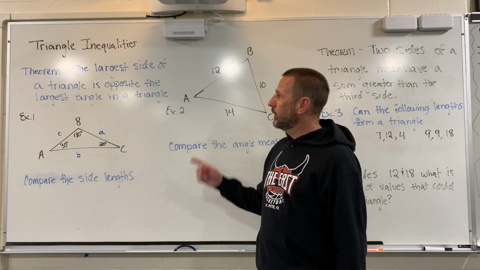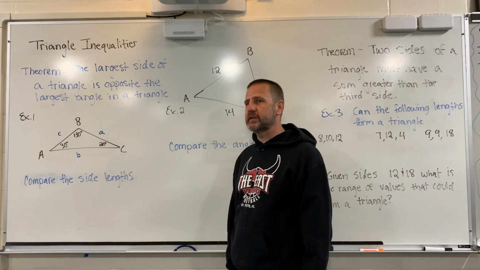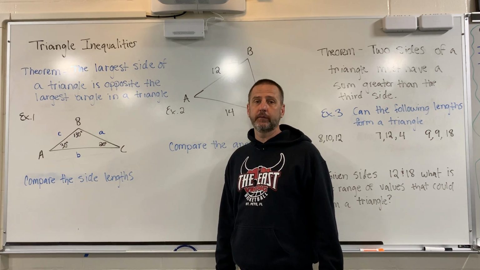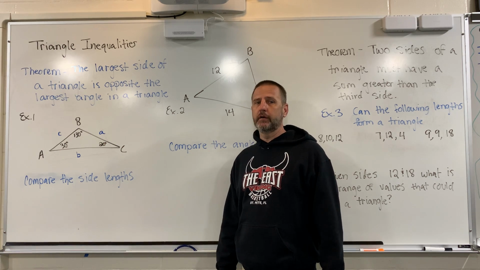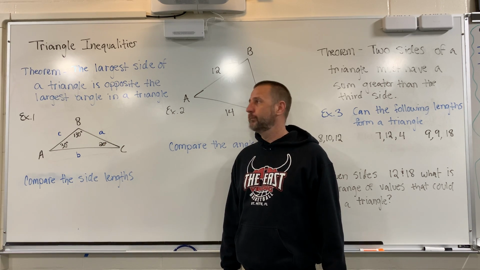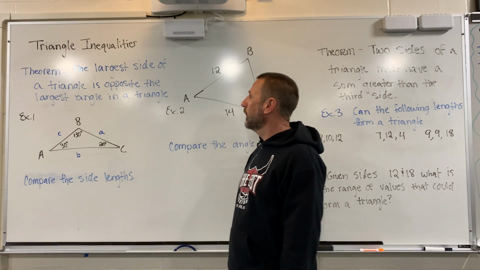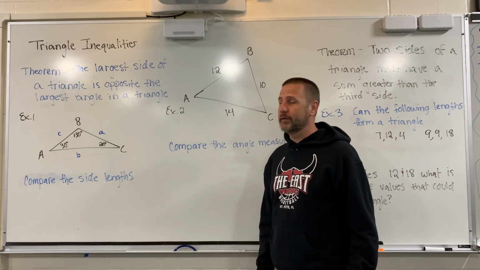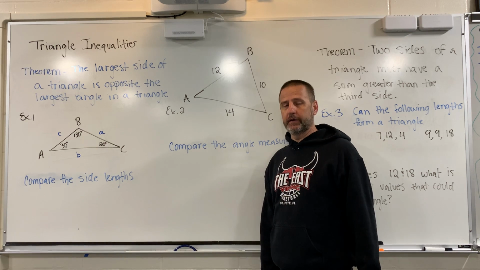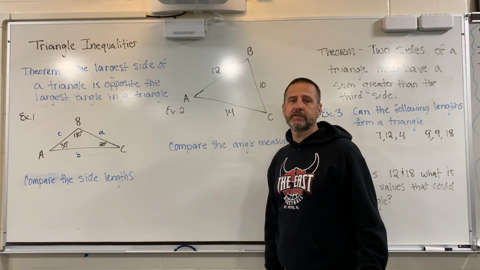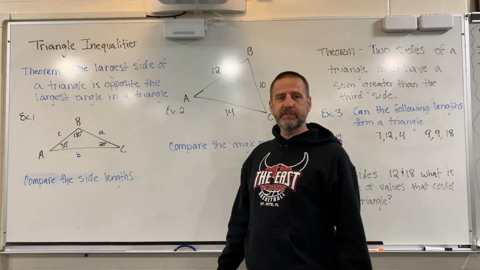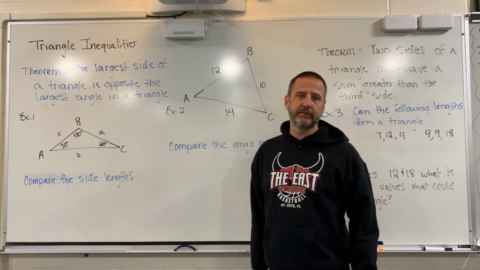So the first theorem that we're going to look at today is how the sides of a triangle are related to the angles. Now there are two theorems, and I only wrote one, and I'll explain that in a moment. The first one says the largest side of a triangle is opposite the largest angle in a triangle. I want to go over this again, as I've said many times before. Opposite in geometry is not like positive and negative.